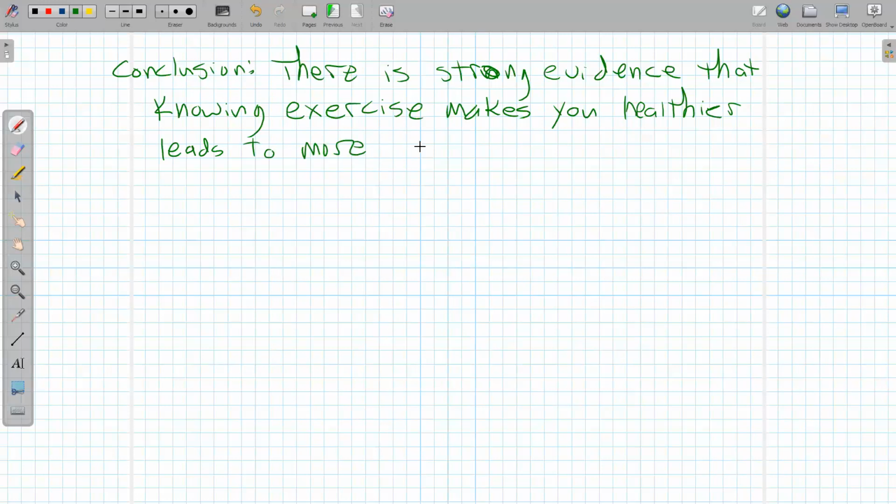How do we word this? Than not knowing exercise matters.